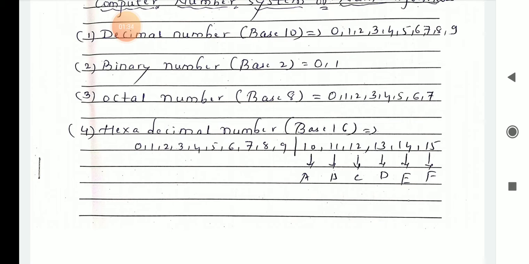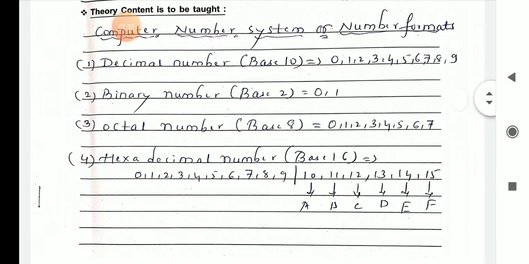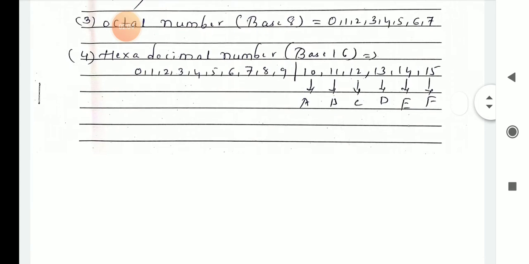You have to convert these into letters: 10 is A, 11 is B, 12 is C, 13 is D, 14 is E, and 15 is F. So these are the four number formats you are going to consider, and they come under digital techniques.